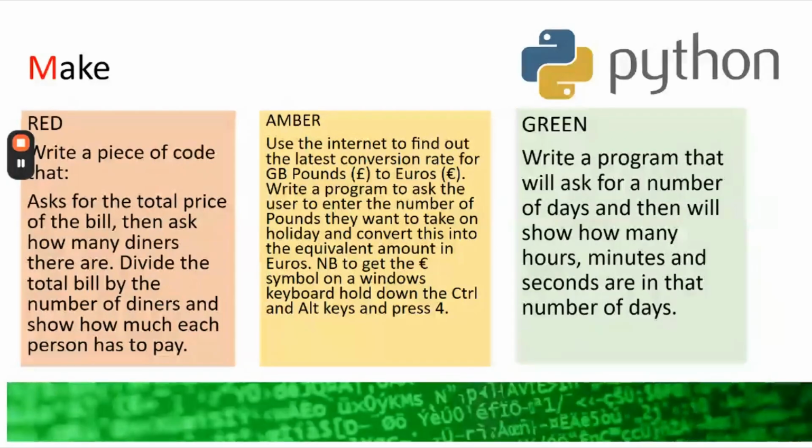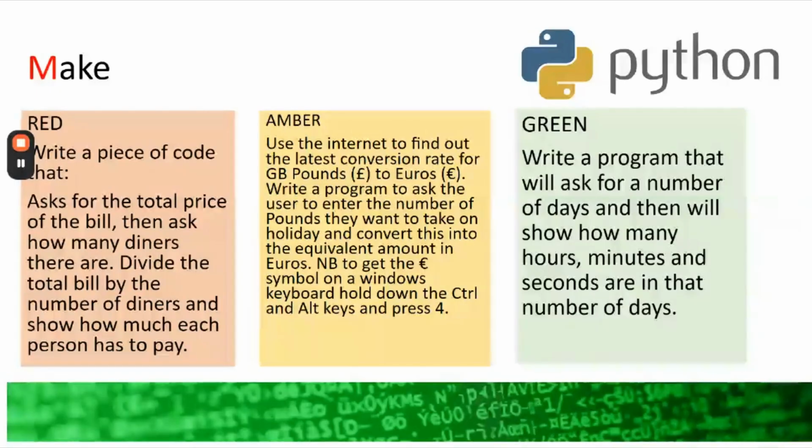The amber one asks you to start by going on the web and looking at what's the conversion rate between, say, pounds and euros. And then I want a program where it asks the user, how many pounds do you want to take on holiday? And then it says, that is so many euros.